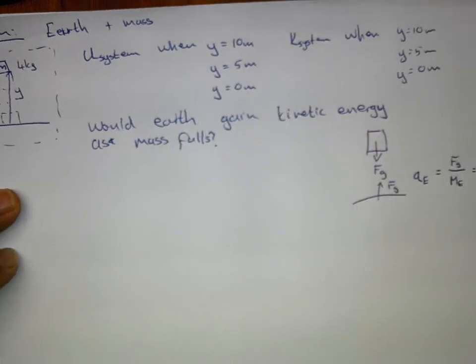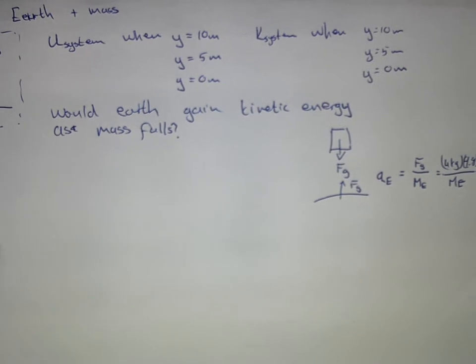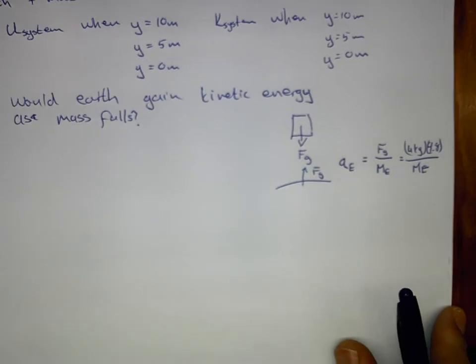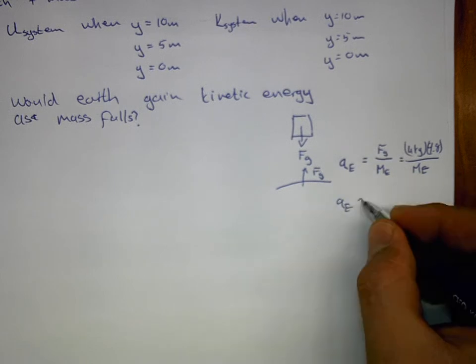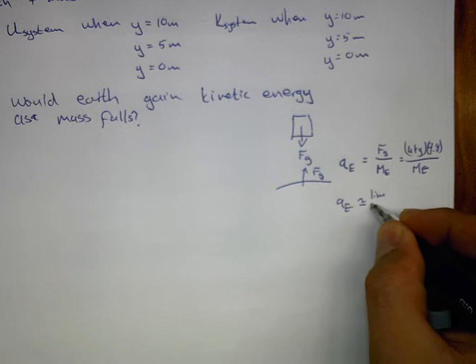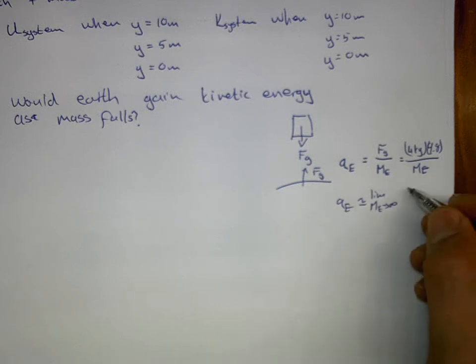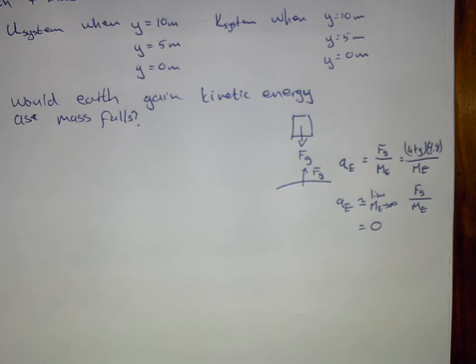Now the mass of the Earth is quite large, and compared to a 4 kilogram mass, we can assume that the Earth is almost an infinitely large mass. So we can say the acceleration of the Earth is approximately equal to the limit where the mass of the Earth goes to infinity of this expression Fg over Me, which is equal to 0. Any number you divide by an infinitely large number gives you 0.